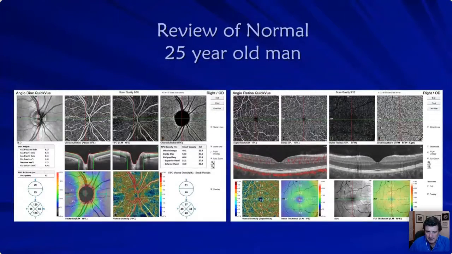I will point out here, as you can see, red is blood flow. So there's your superficial plexus, your deep plexus. Nice. You want to see that red, blood flowing through there. You can see how nice and active your choriocapillaris is, and then you can see this outer retina is free of any blood flow. And this is exactly what it should look like when you have someone that's nice and healthy.